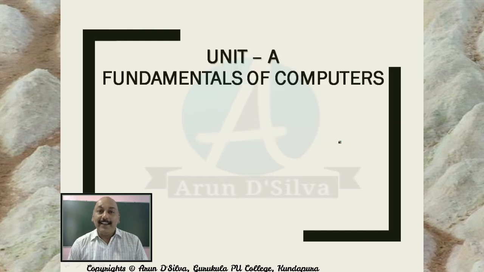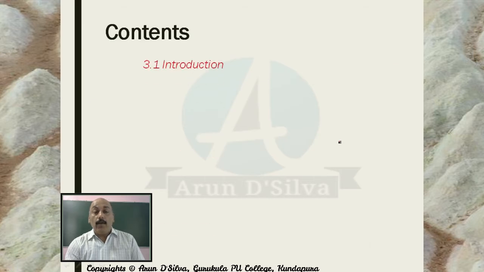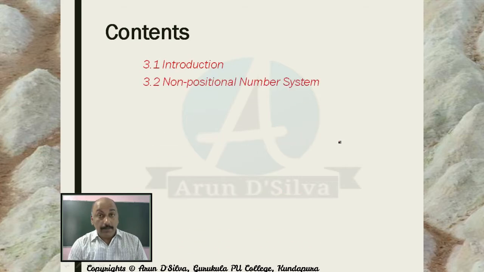Students, as you know, we are in unit A, that is fundamentals of computers. In this chapter 3, data representation, we are studying. Students, we have already learned the introduction about number system and why we have to study number system.